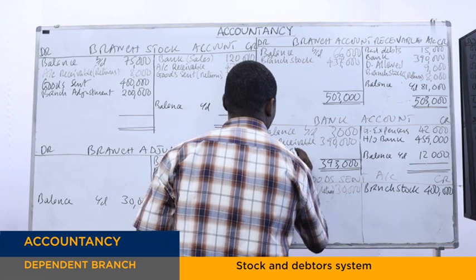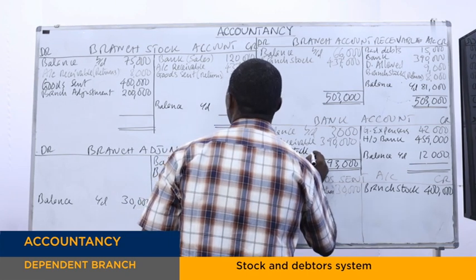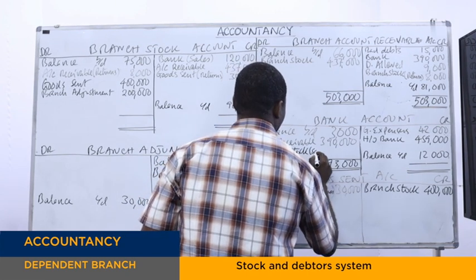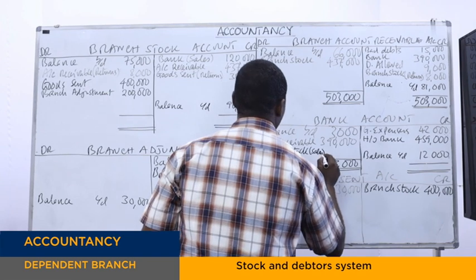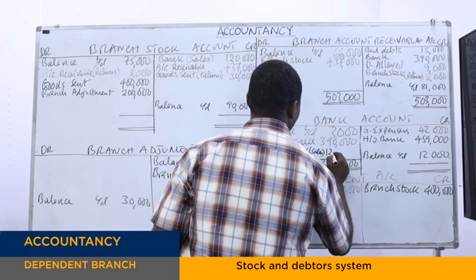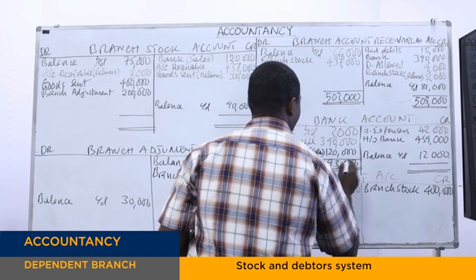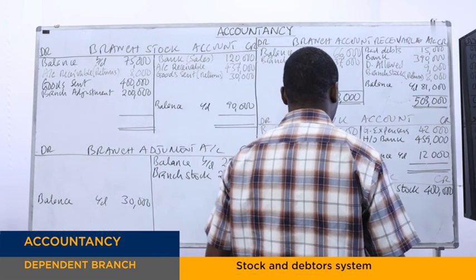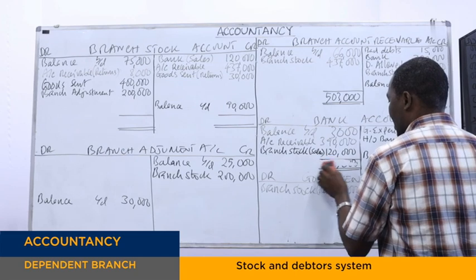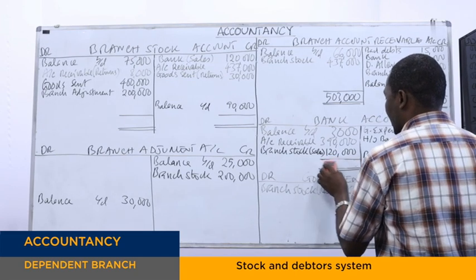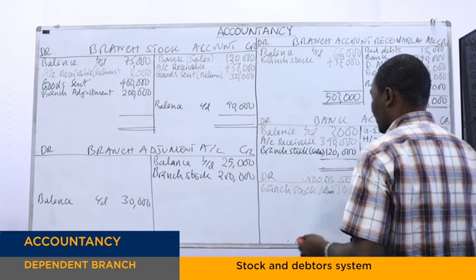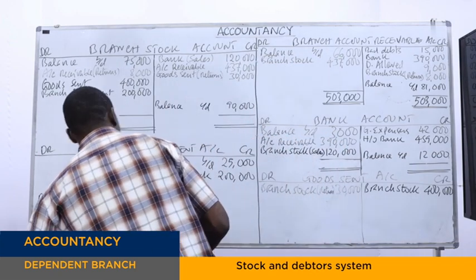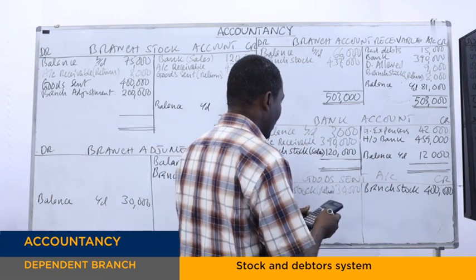Branch stock, that is, yes, sales. It was how much? 120. Okay, we compute the difference.